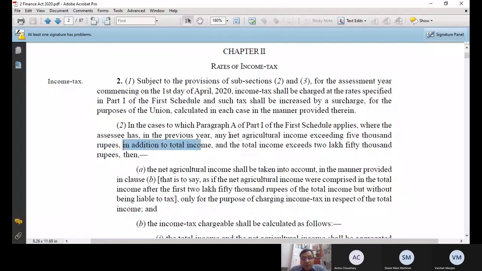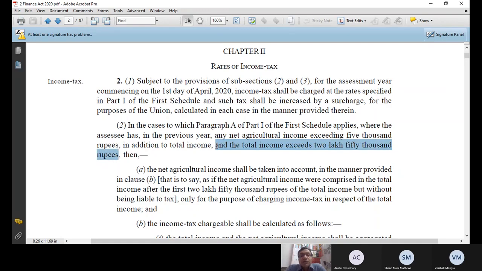in addition to the total income, that means of course my total income doesn't include agricultural income because agricultural income is tax free. That is why this language is used, in addition to total income. So my total income is a separate thing, agricultural income is a separate thing. If my agricultural income exceeds 5,000 and the total income exceeds 2,50,000 rupees. Why 2,50,000 rupees?